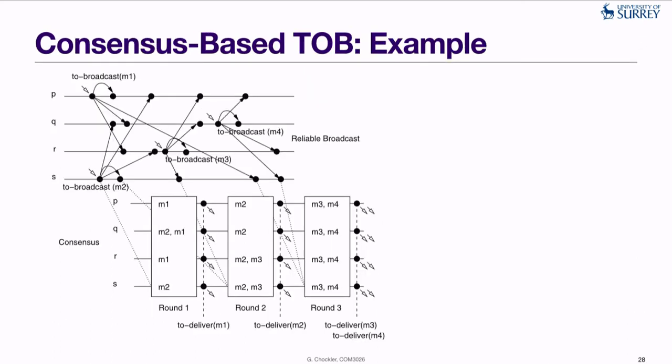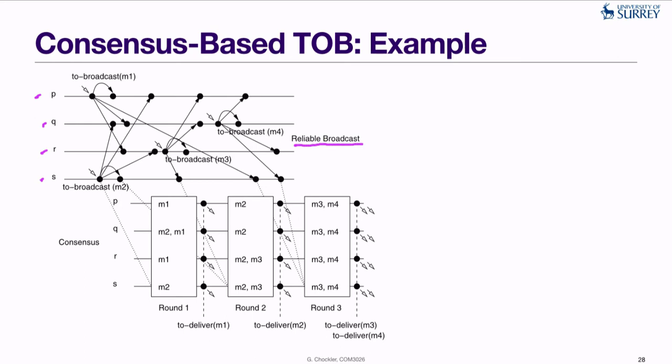Okay, so now let's have a look at an example of the execution so we can understand better what's going on in this algorithm. Here we have a time-space diagram, and we have 4 processes in our system, P, Q, R, and S. These black circles on the timelines correspond to the events of reliable broadcast.